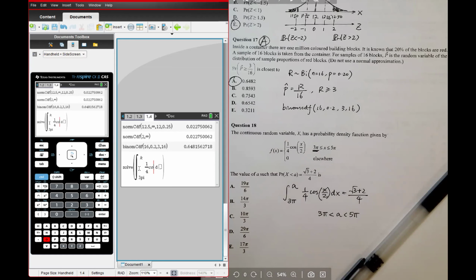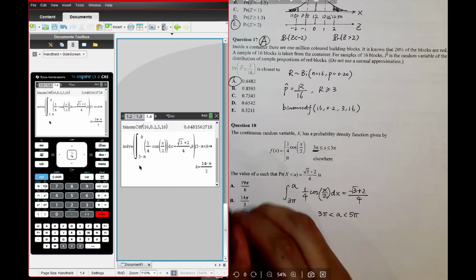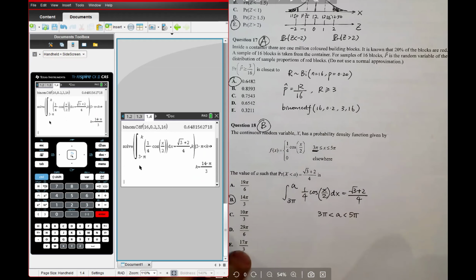The integral of a quarter cosine of x over 2 dx equals (√3 plus 2) divided by 4 for k, and it's between 3 pi and 5 pi. So you get 14 pi over 3, okay? So that's option B. Yep, 2 more questions to go.